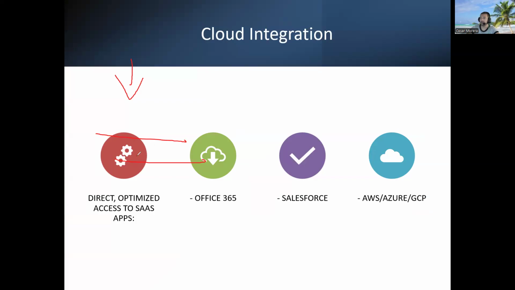Now, moving along, clearing the board, what is cloud integration and how does it work? It provides optimized access to SaaS applications. It gives us direct optimized access to SaaS apps, for example, Salesforce, AWS, Azure, GCP, and Office 365.